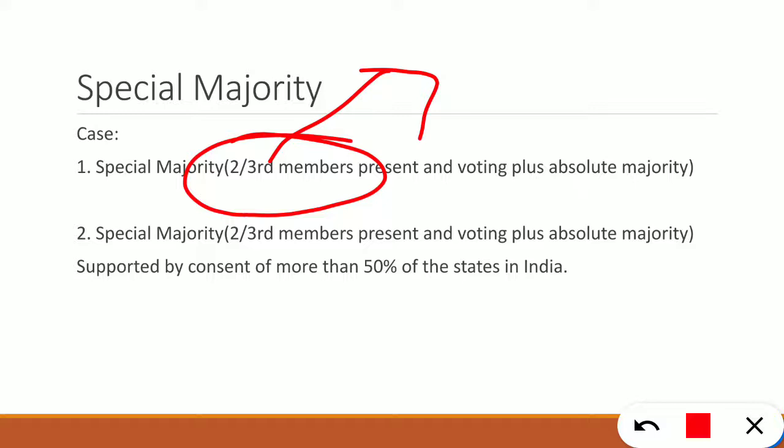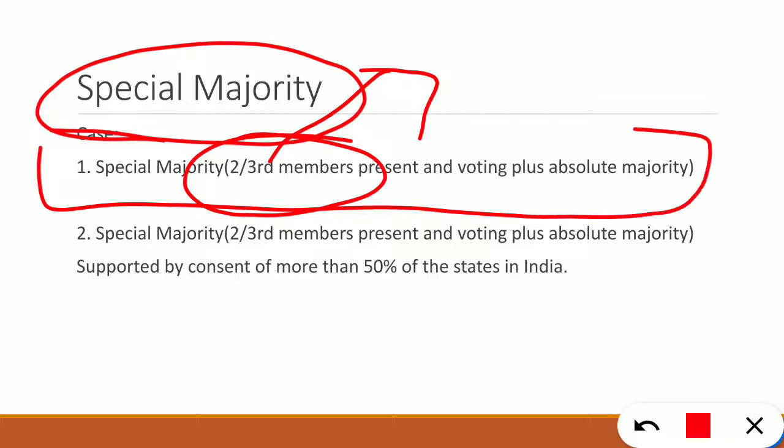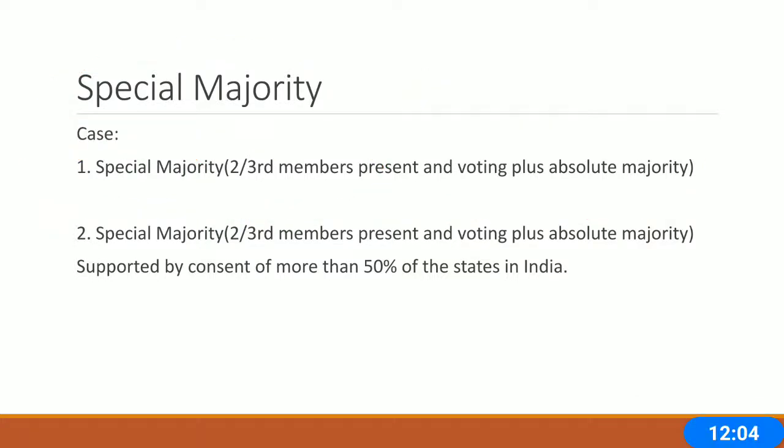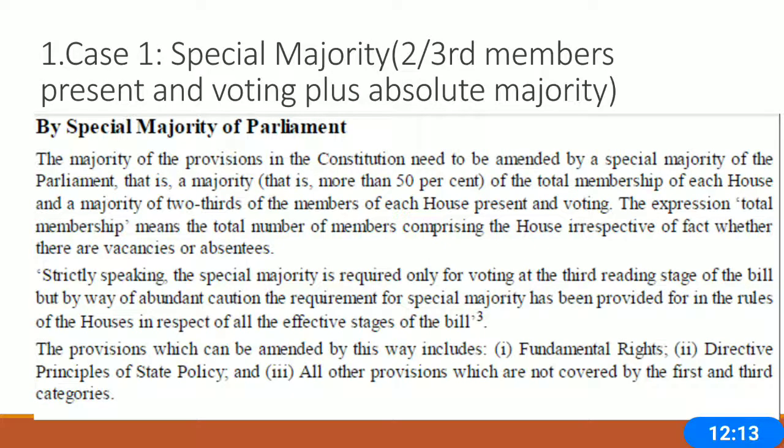That resolution in the Rajya Sabha should be passed by two-third of members present and voting. But that two-third of members present and voting will not be called special majority. So it is not an actual case of special majority. These two cases are special majority.